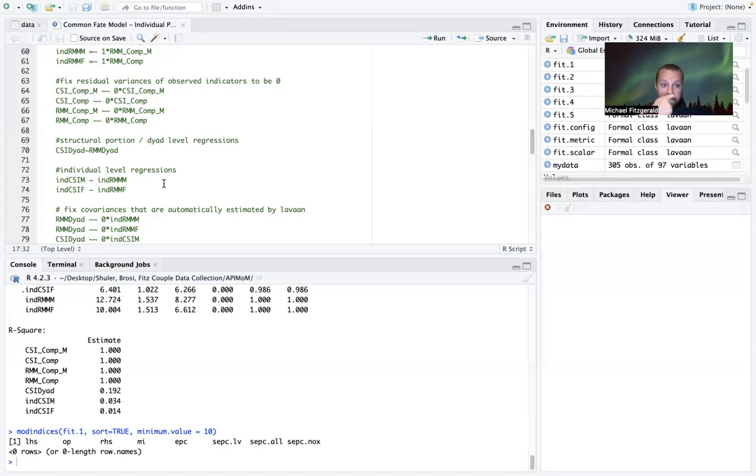But what you might want to do is estimate the partner effects, because maybe that will provide more precision or more accuracy in those within person actor effects, right? So we would expect those partner effects to be really, really close to zero, if not zero themselves.